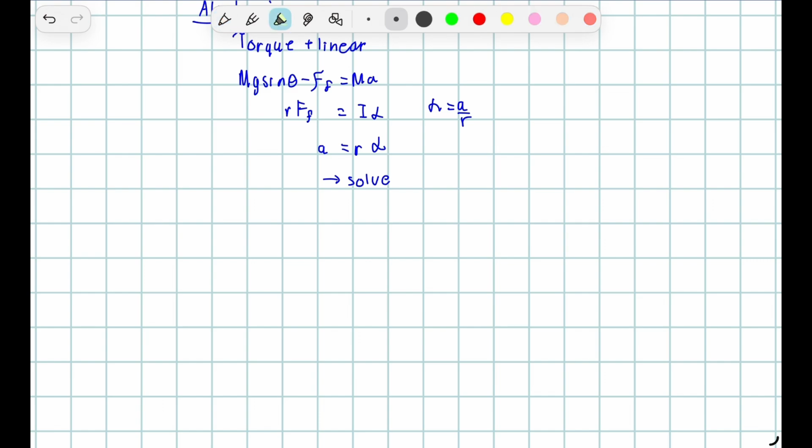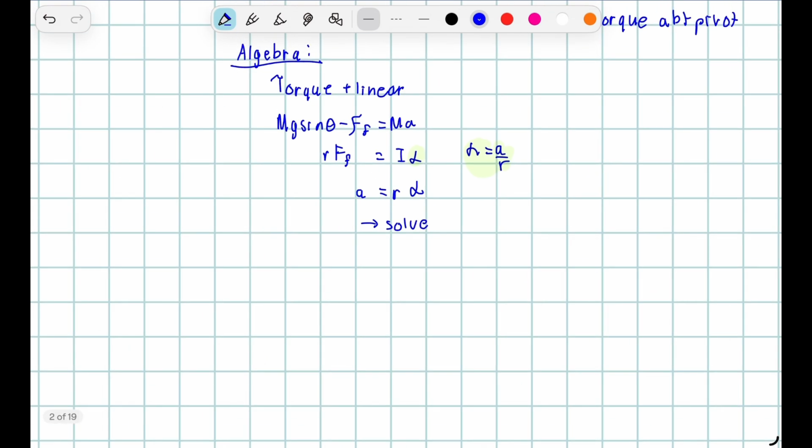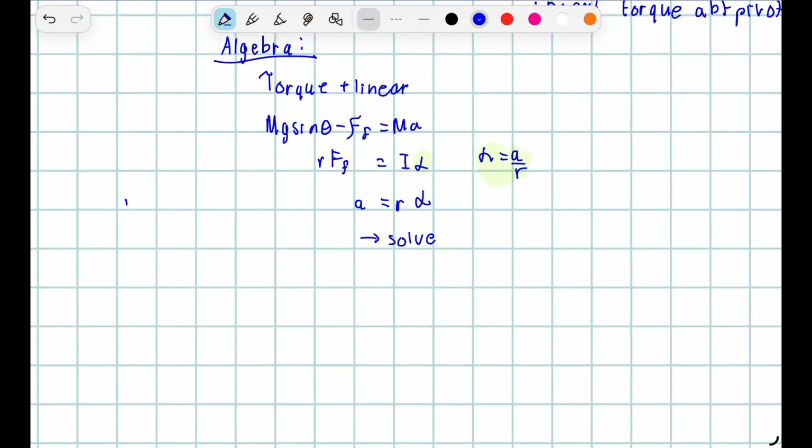You know that alpha is equal to a over r, and then you substitute this in. Instead of friction, you use torque.